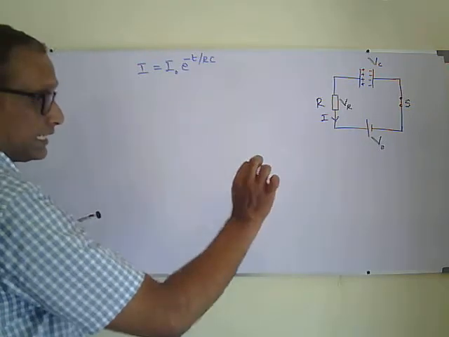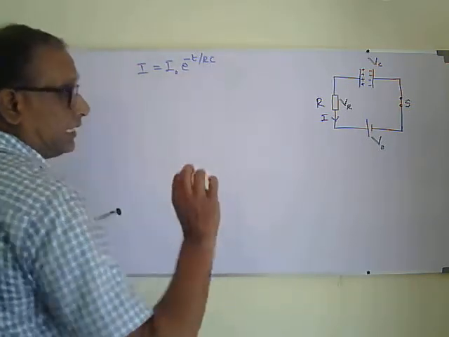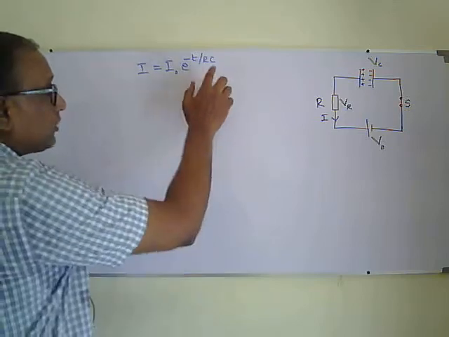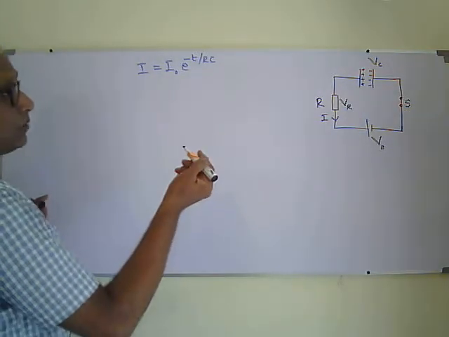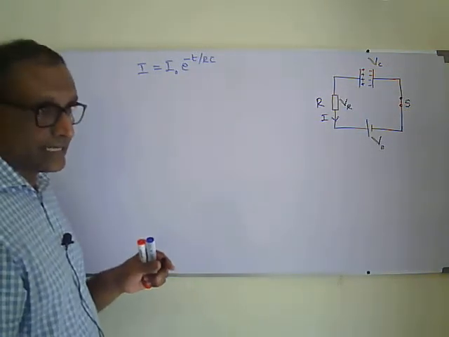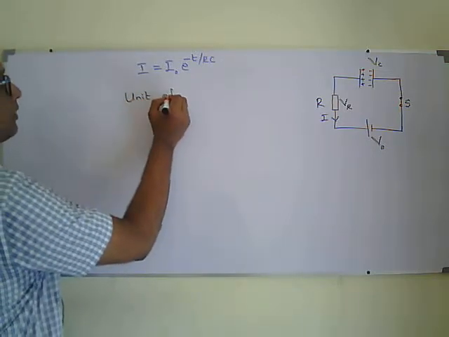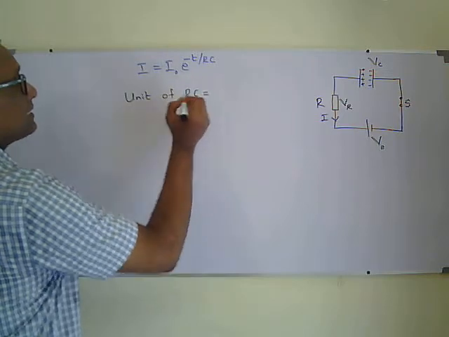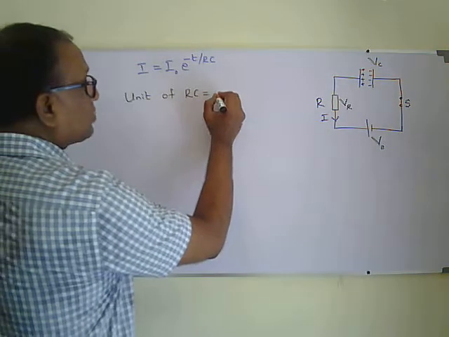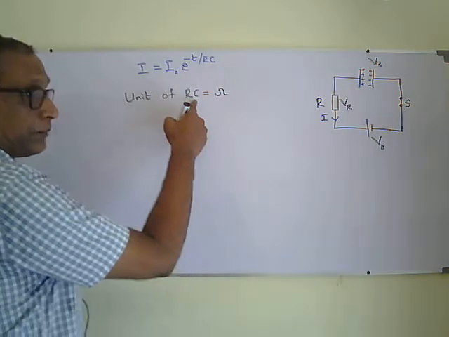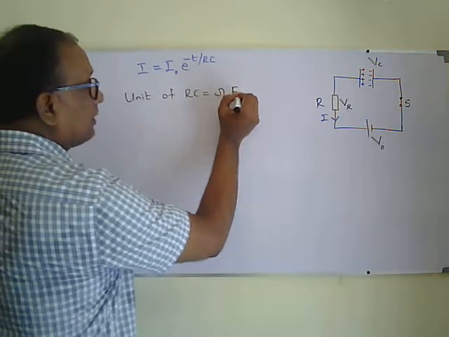R is constant, C is constant. So RC is constant. The unit of RC will be the same as the unit of time, that is second. We'll see that. Unit of RC is equal to, unit of R is ohm, unit of C, capacitance, is farad.